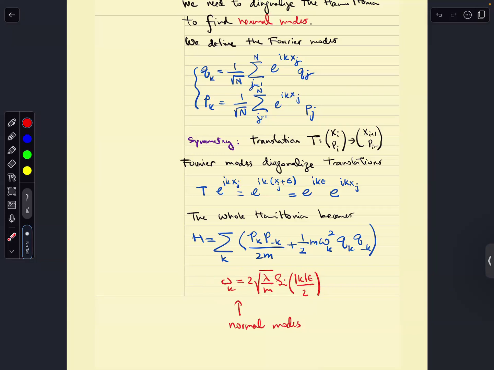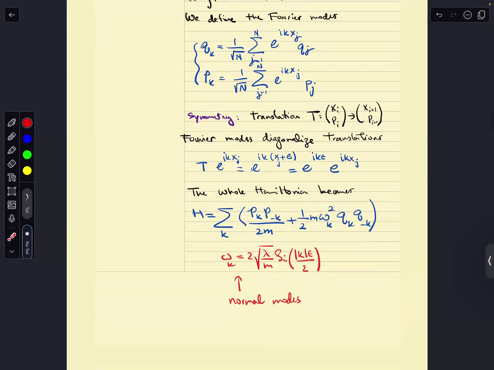Why should there be an epsilon here? Because inside the sine you should have something dimensionless. Momentum has a dimension, and in this example the natural units of momenta are 1 over epsilon, so k epsilon is a dimensionless parameter that sits here. You could guess that by dimensional analysis.